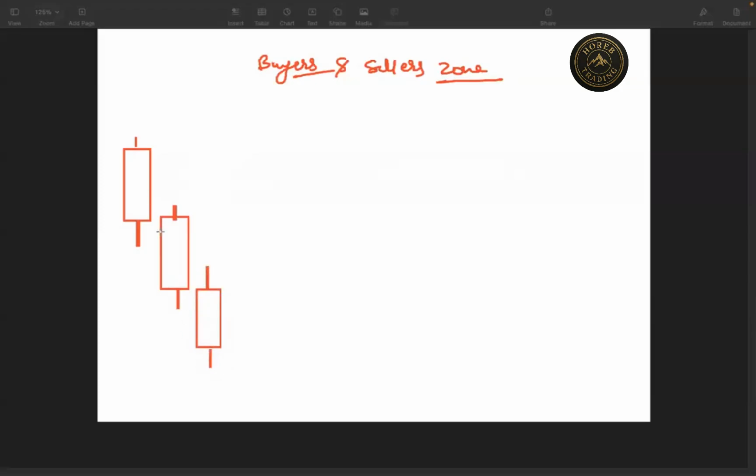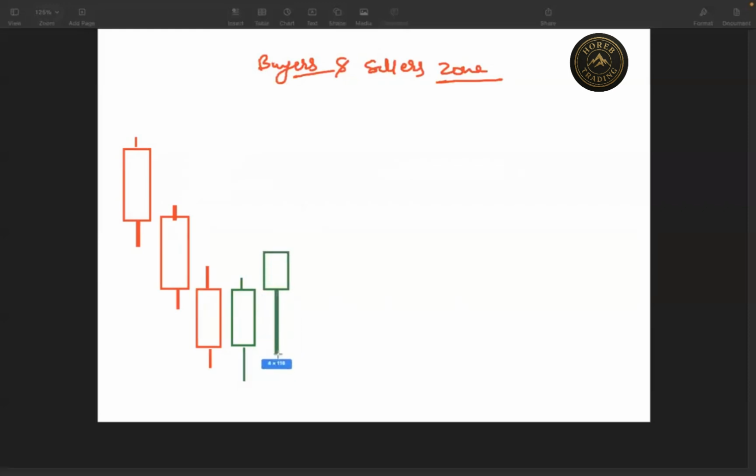As you can see, we have a rejection like this. We already have 2 rejections, and now with this candle we have the 3rd. So for buyers and seller zone, we have to see 3 rejections.